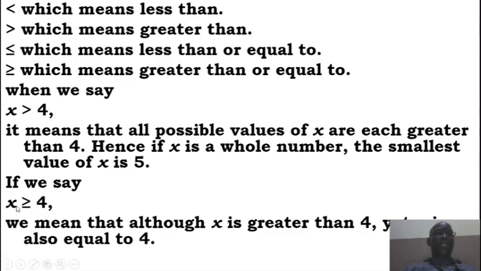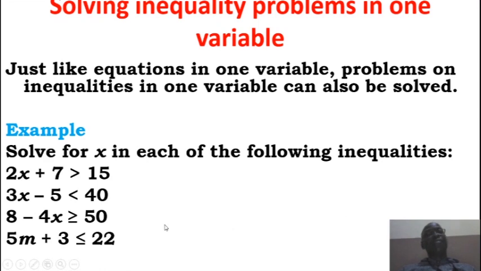But when we say x is greater than 4, 4 is not included in the system. So x can never be equal to 4. But in this second case, x can be equal to 4. That's the meaning of the statement.